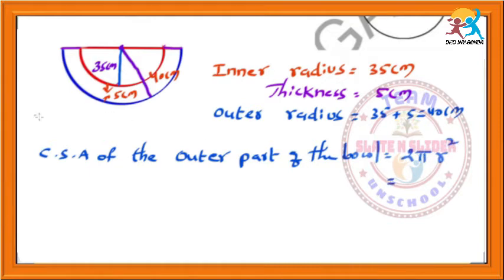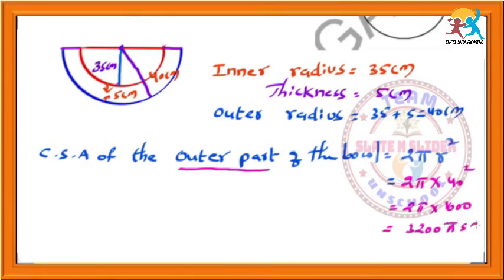So it will be 2 pi into r. What is r? Radius of the outer circle, that means outer sphere, that will be 40 centimeters. So we can write 40 square. So by simplification we get 2 pi into 1600, that is equal to 3200 pi square centimeters.